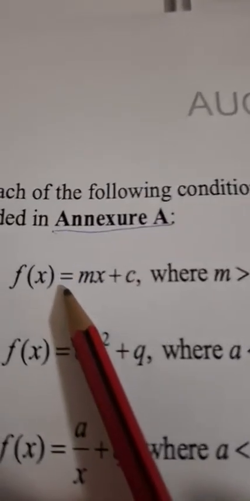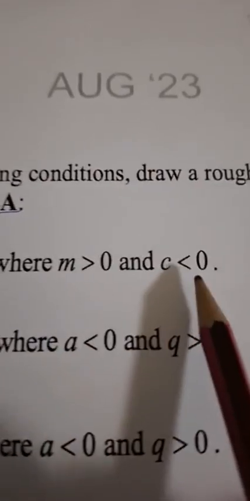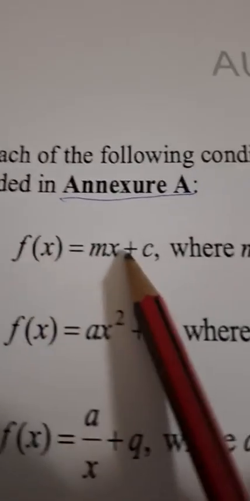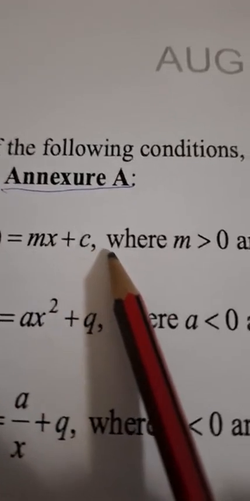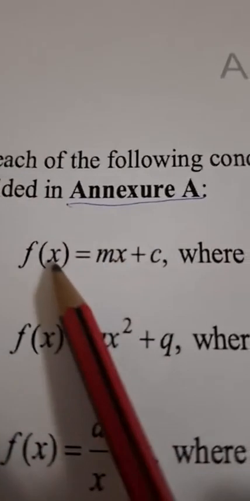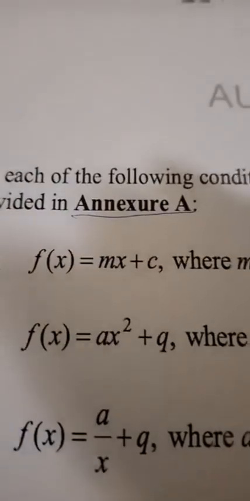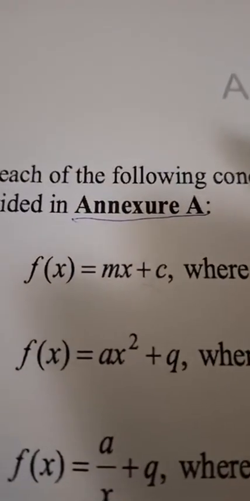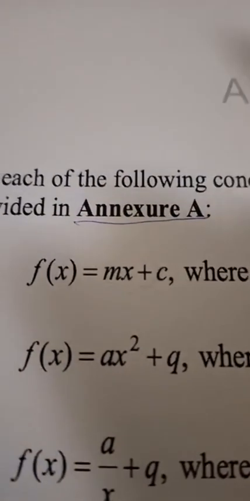Guys, f of x is equal to mx plus c, where m is greater than 0 and c is less than 0. What do we understand here? You're welcome, Cartel. What type of function is this? Options: 1. Linear, straight line. 2.